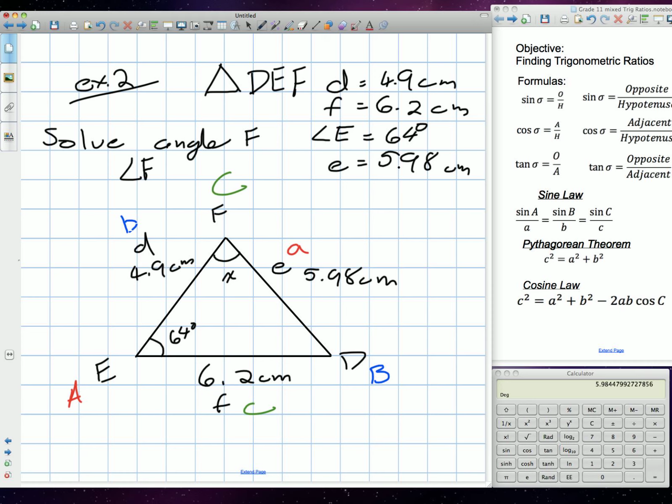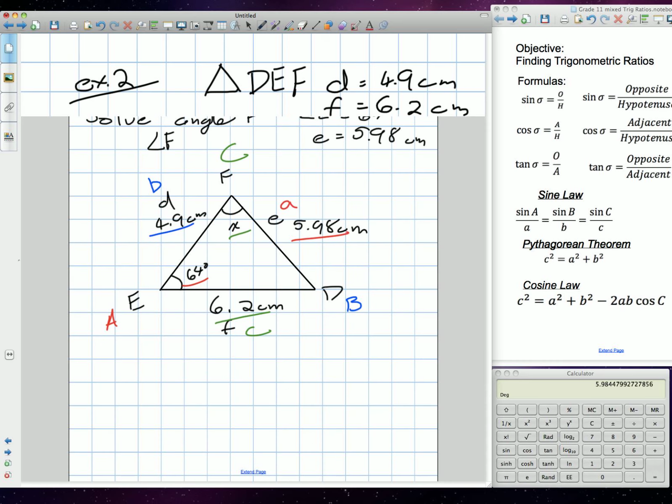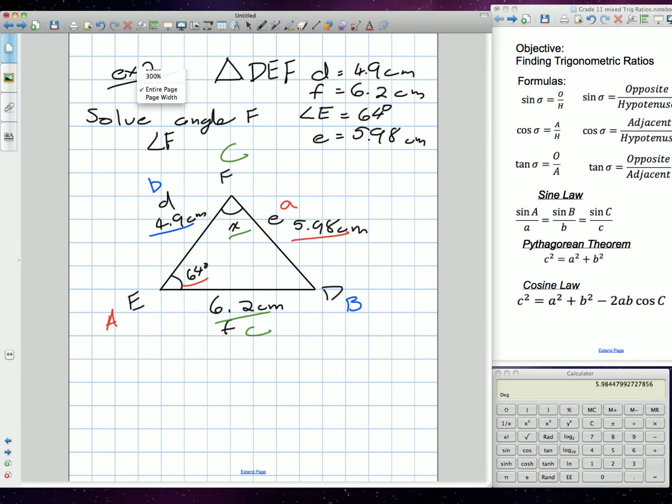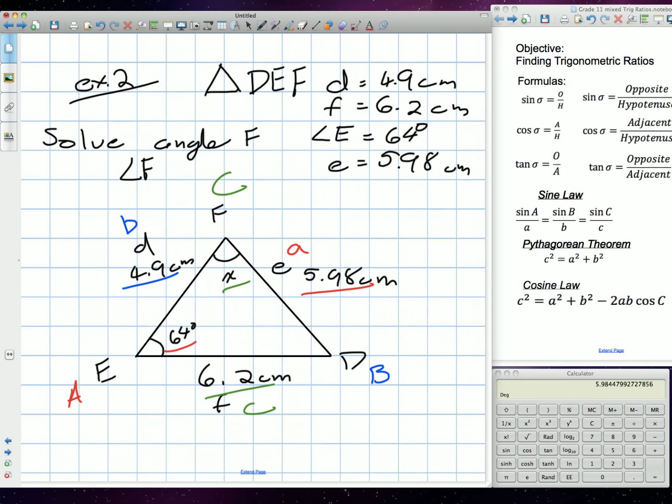Let's make sure we know what each is. We've renamed this triangle so we can put it into cosine law. We're going to do that each time. Always rename your triangle. Even if they use the letters A, B, C, and they tell you to look for side B, you need to rename the triangle so that that B is now side C. We're always looking for side C with our law. Okay?